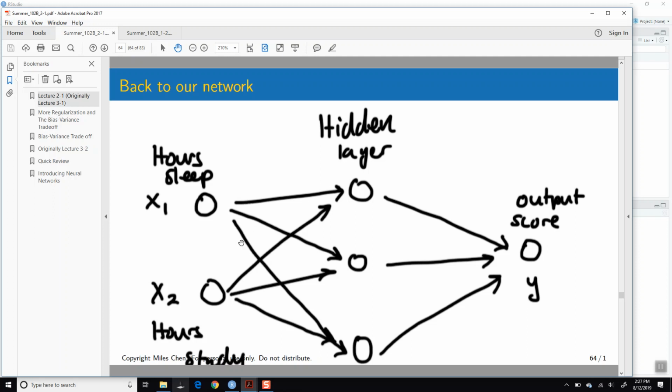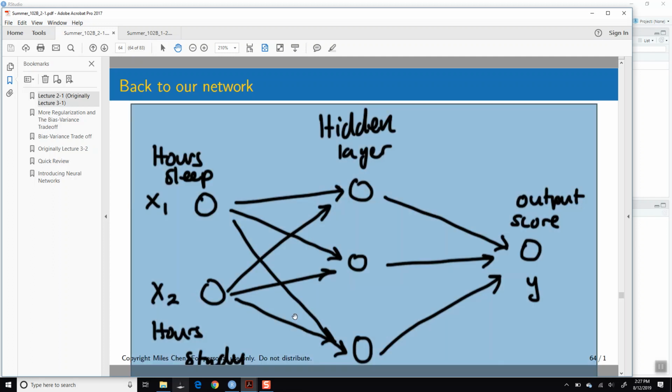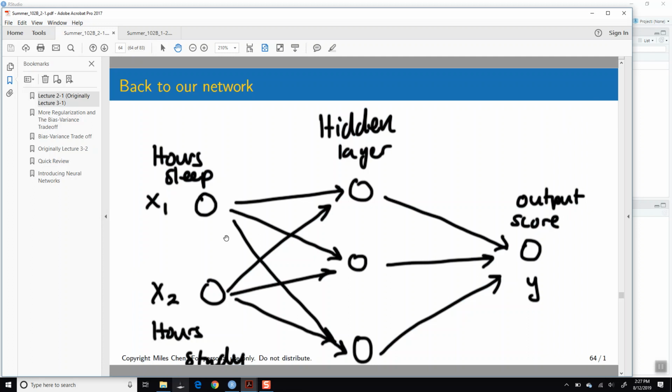The coefficients are basically the weights that we will apply to each of these arrows. Each node in this layer is connected to the nodes in the next layer, and we can change how strongly one node affects another by changing the weight applied on these arrows. So how many weights are there in our neural network?